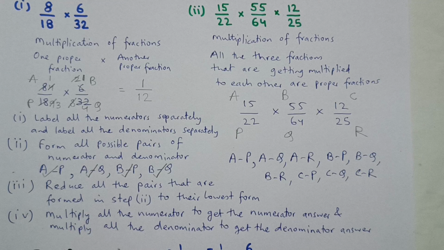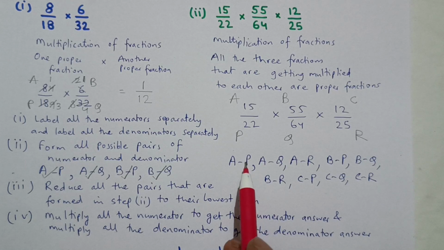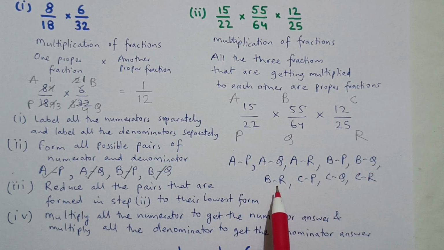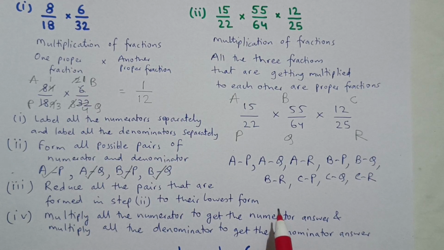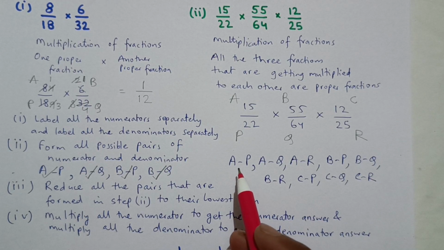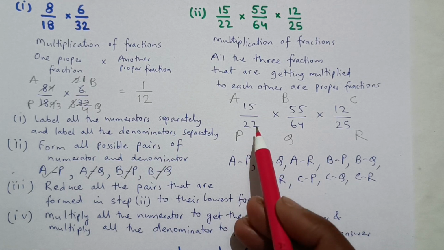Now the next step is reduce all the pairs that are formed in step 2 to their lowest form. So we have to reduce all these pairs of numerator and denominator to their lowest form. So let us start solving it. So first numerator denominator pair is AP, so 15 by 22.